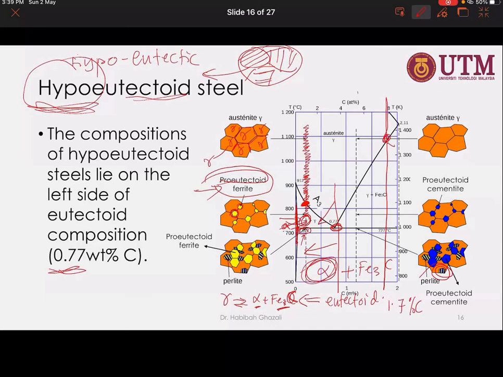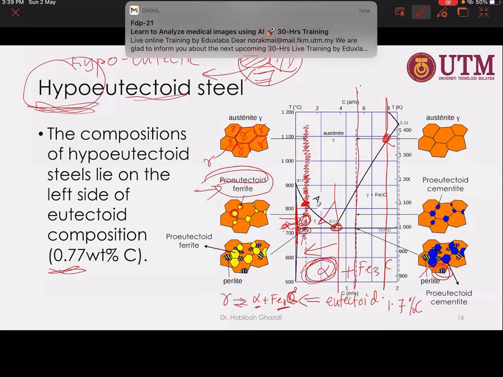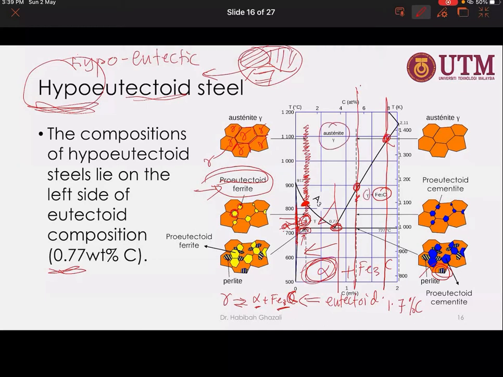If you have this composition, the first formation of a new phase is cementite. Austenite is already formed at this region. The new phase is cementite.